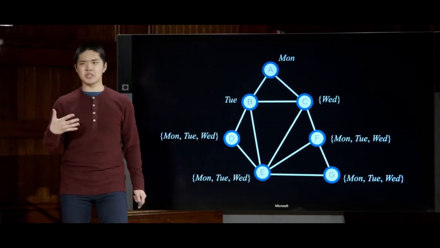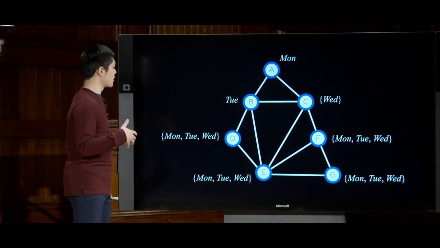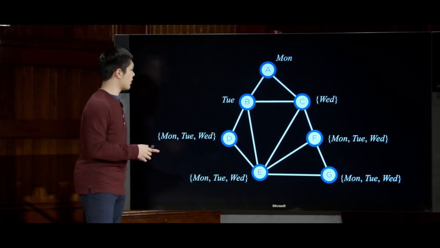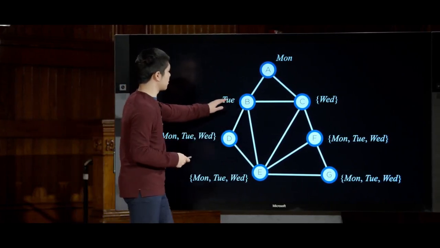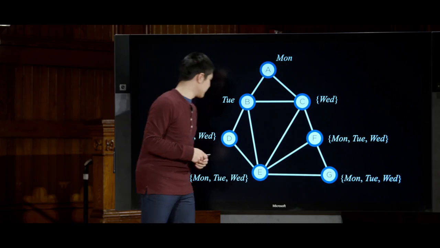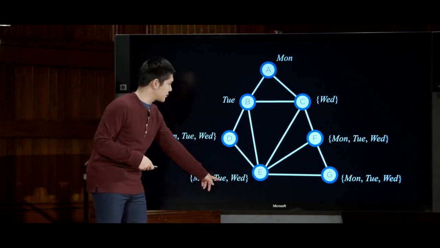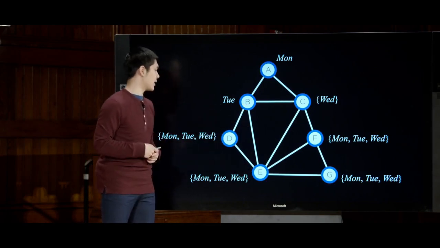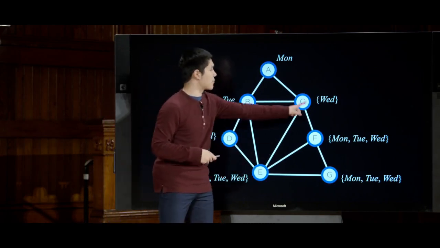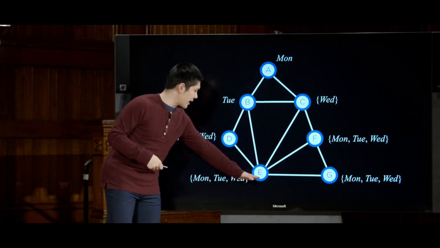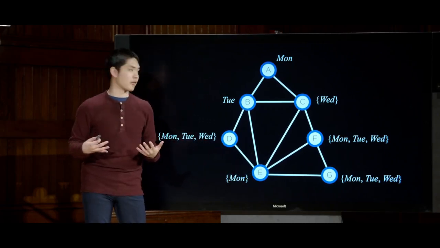And if we continued to try and enforce arc consistency, we'd see there are some other conclusions we can draw as well. We see that B's only option is Tuesday and C's only option is Wednesday. And so if we want to make E arc consistent, well, E can't be Tuesday, because that wouldn't be arc consistent with B. And E can't be Wednesday, because that wouldn't be arc consistent with C. So we can go ahead and set E equal to Monday, for example.